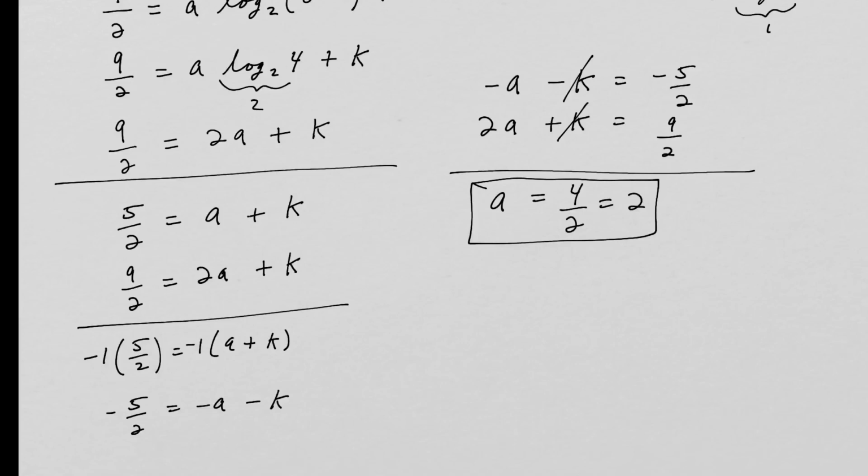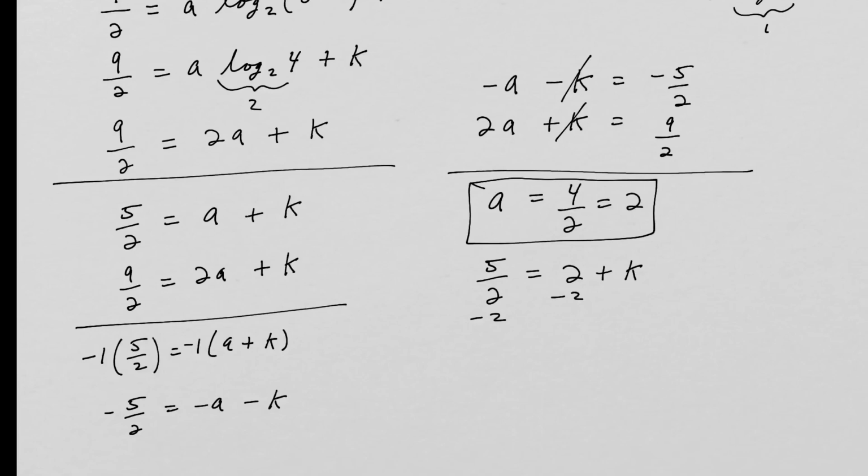I'll just use the first one, it looks a little easier. So I have 5 halves is equal to a, so that's 2 plus k. If I subtract 2, well, what's 5 halves minus 2? Well, 2 is 4 halves, right? So this is telling me that k is equal to 5 halves minus 4 halves, which is 1 half.